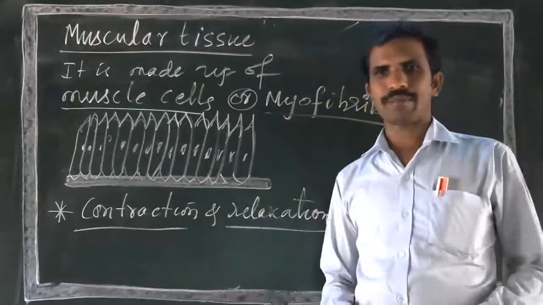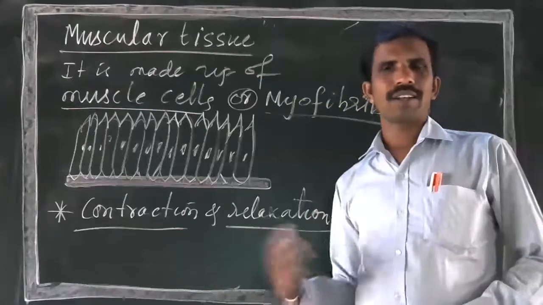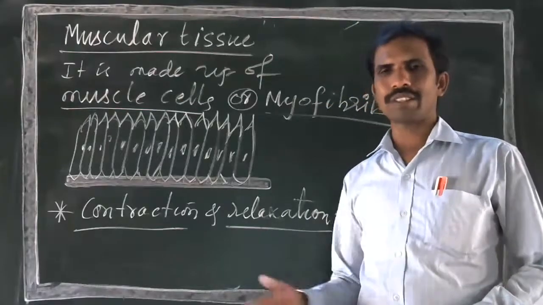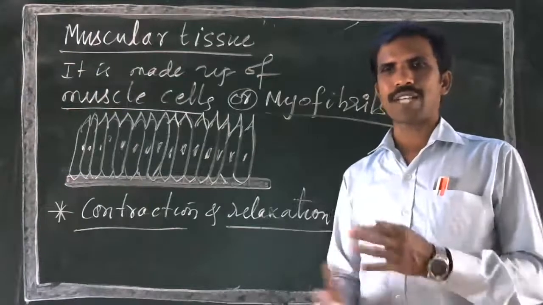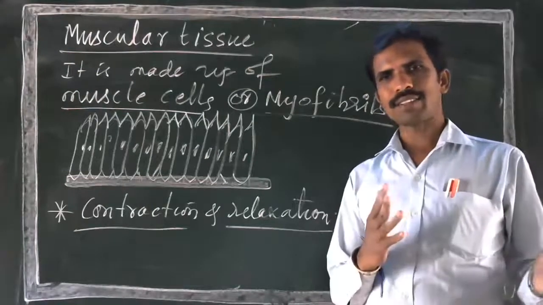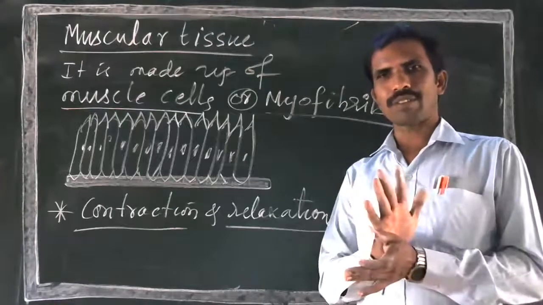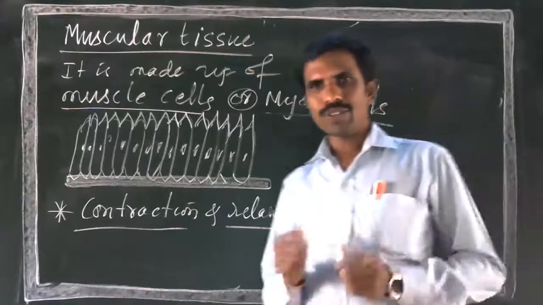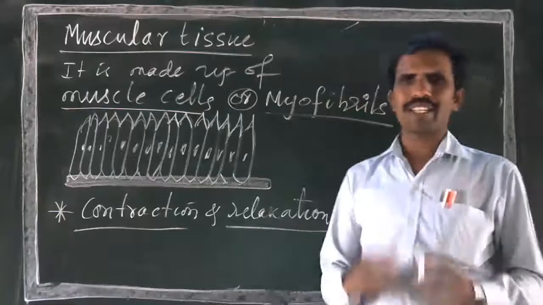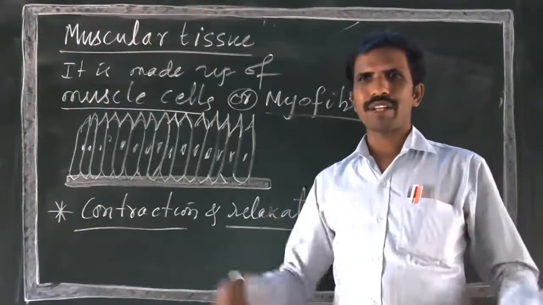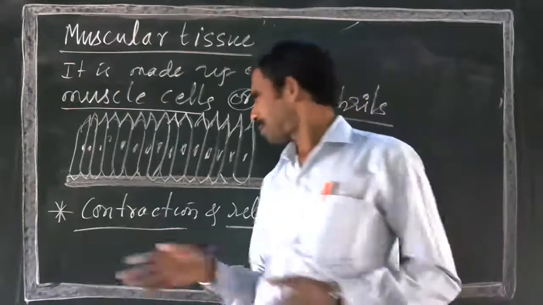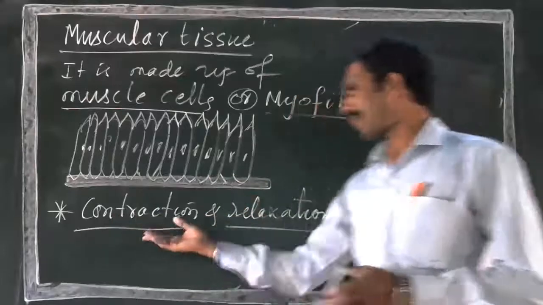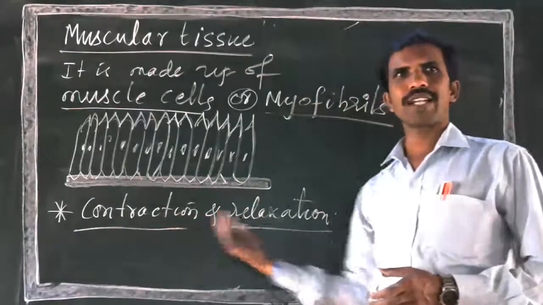When you are running in a field, in a ground, your muscles and bones are involved. I told you last class, the muscles are attached to the bone. That makes you walk, run, whatever the activity concerned with exercise. That is because of muscular tissue, which has a special property of contraction and relaxation.